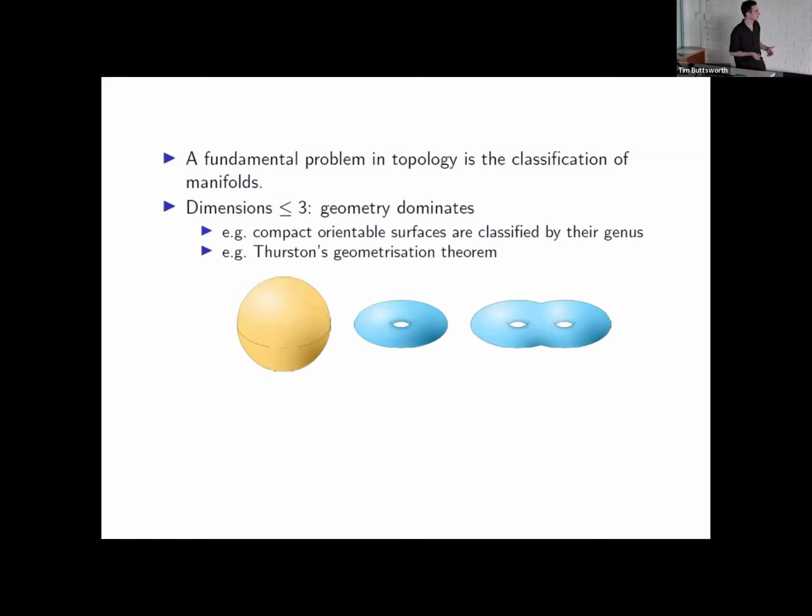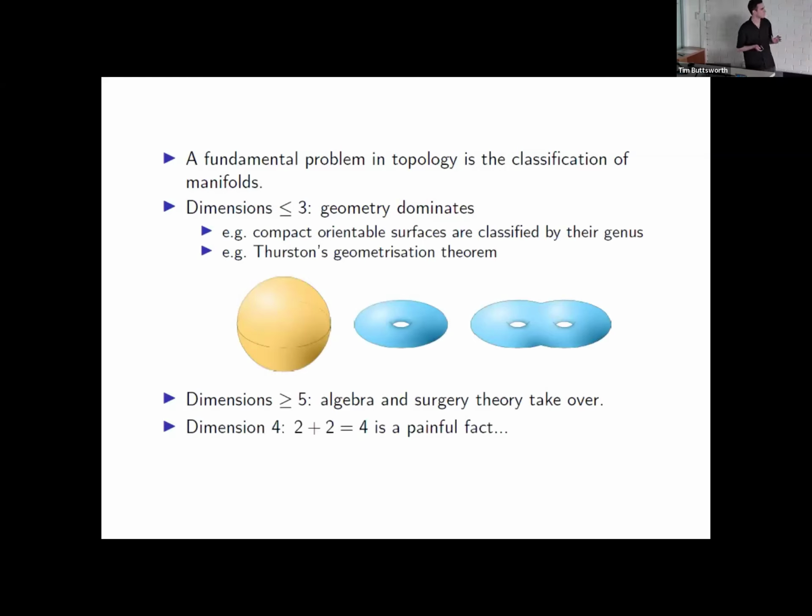In 3 dimensions, you've got the geometrization program. In dimensions 5 and higher, you've got surgery theory, which gives you classification results, and everything becomes a bit more algebraic. And then in the middle, dimension 4 is this weird place where everything just sort of falls apart. Without saying anything too specific, I'll just say that the fact that 2 plus 2 equals 4 is a real spanner in the works.